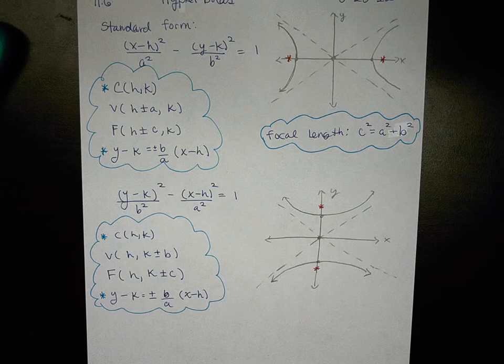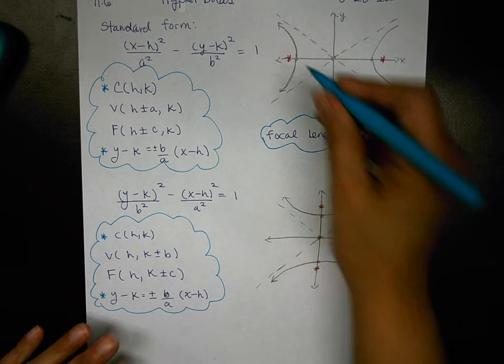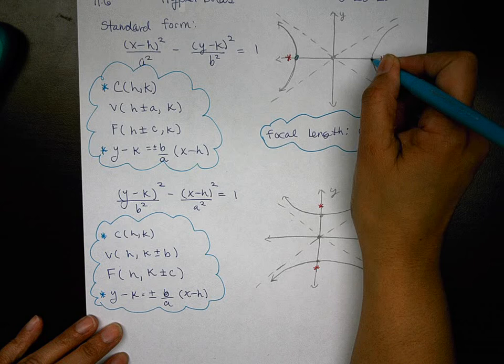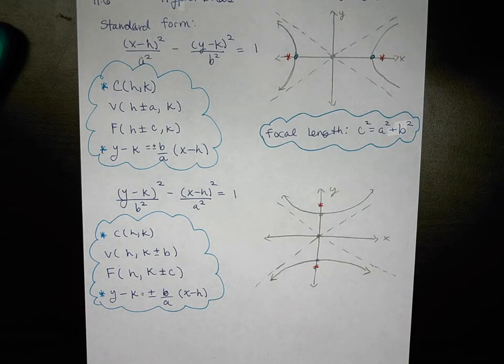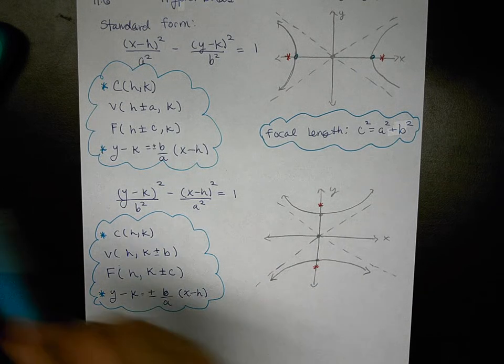Right and left, so your hyperbola opens right and left. And if your hyperbola opens right and left, then everything runs right and left. Your vertices are right and left, and your foci are right and left. Does it matter if it's the major axis or the minor axis? Everything is right and left.